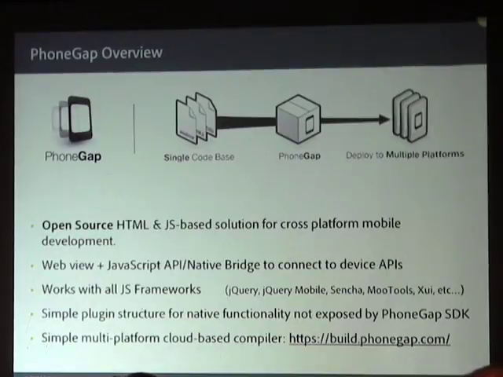But there's also a very robust mechanism for creating native plugins that allow you to write native code and write JavaScript APIs for those. And so from your JavaScript code, you can call custom native code if you so need to do that. But this is essentially a web view inside of your application.